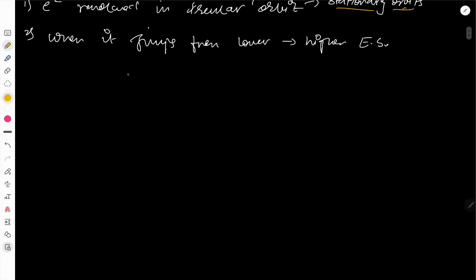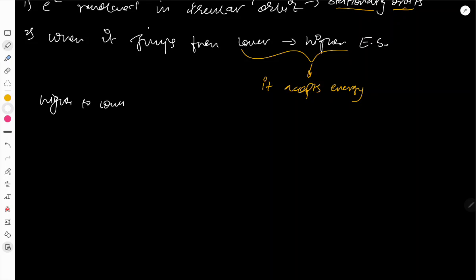When it jumps from a lower energy state to a higher energy state, it accepts energy, and when it goes from higher to lower, it radiates energy in the form of photons.